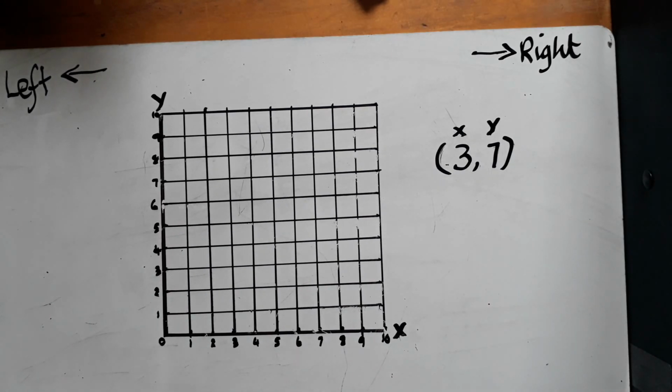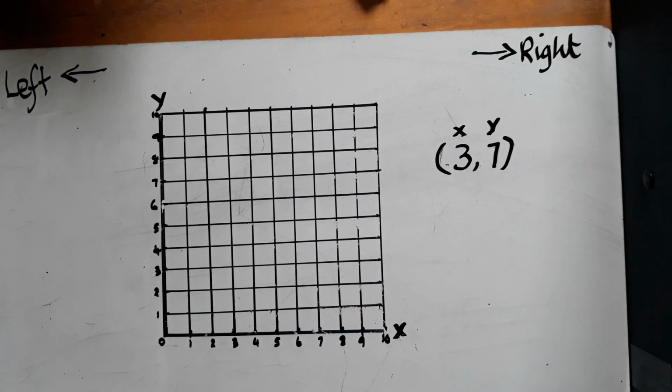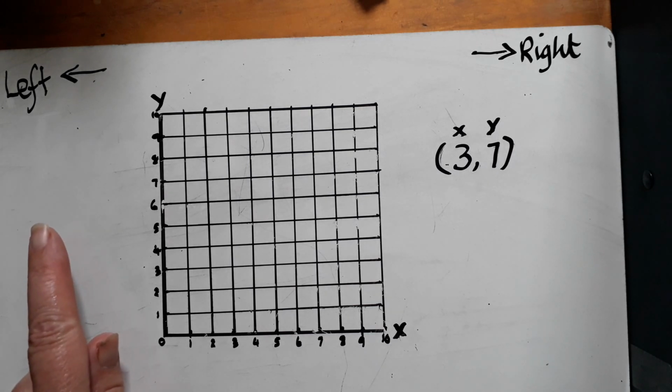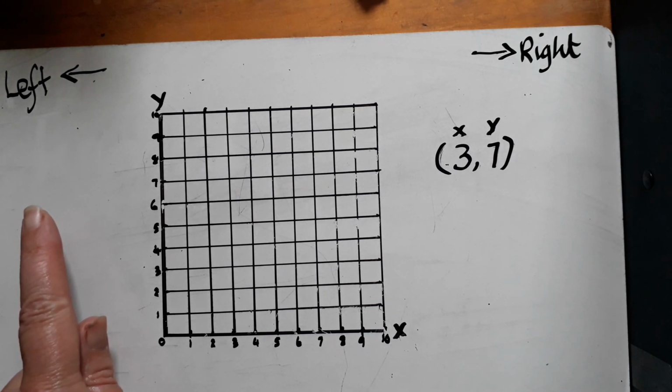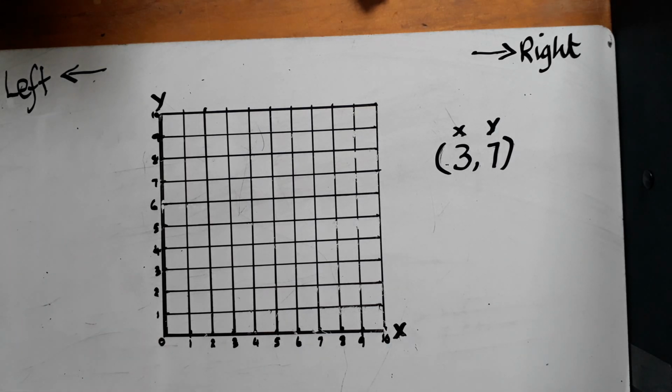And also on my board I've added the words left and right and direction arrows to help you, because some of you will find it useful to have the direction there, so you can work backwards.